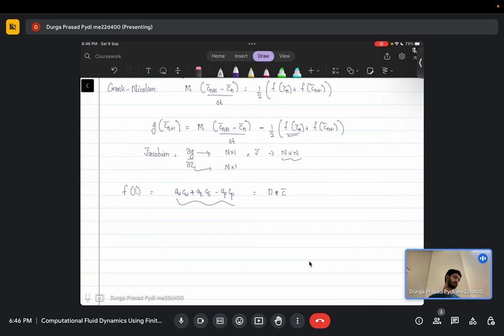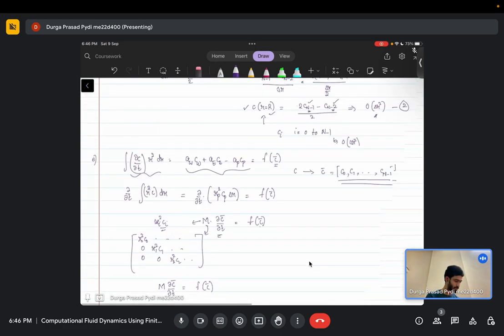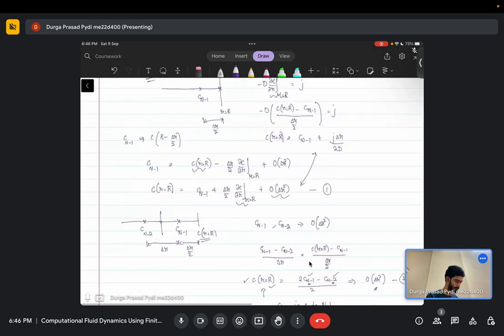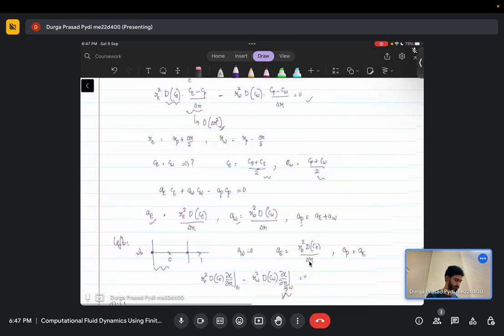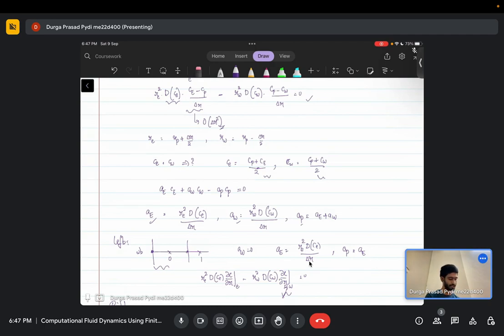The problem is, this is something we have done for the previous problem also, like we expressed the RHS in terms of some differential operator times c bar. The only problem with the previous one and the current one is previously the coefficients are not functions of your c, but in the present case, if you see the expression for a west, the expression for a east has a contribution from c east and a west also has a contribution from c west.